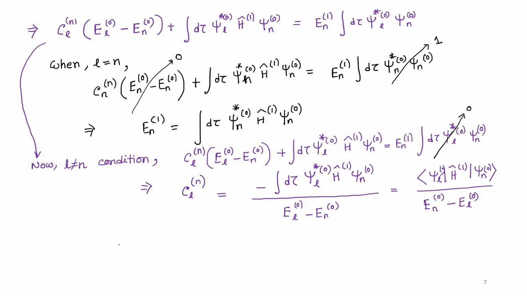So ψn1 is now the summation of c_l. What was there? In terms of m, what can we say?